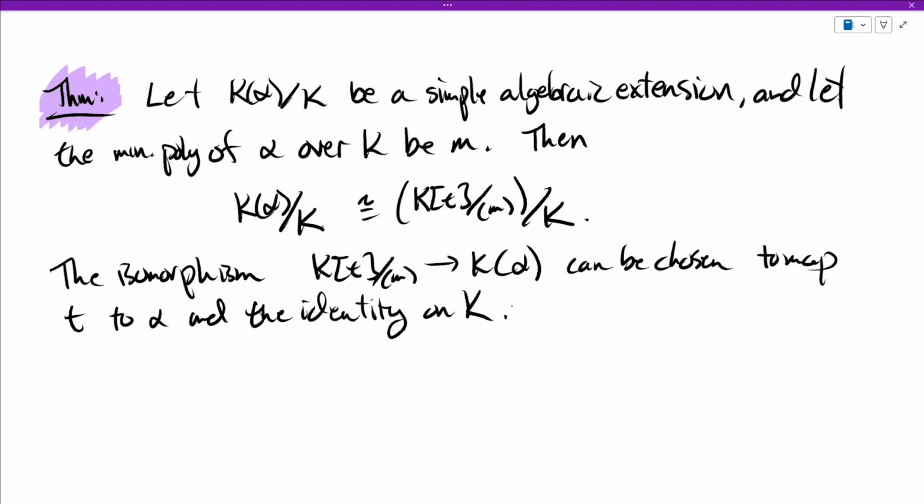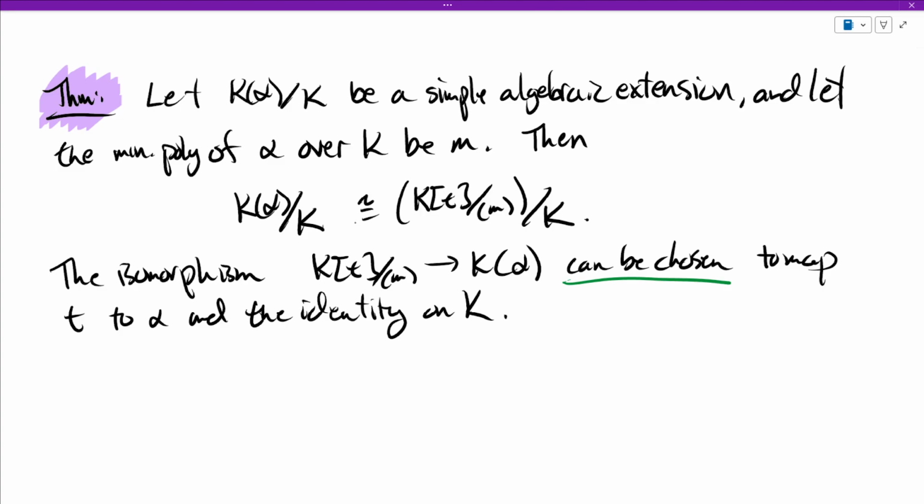And one more thing, this language showed up in the previous video, but can be chosen means there's likely more than one. In general, there's going to be a lot of them, and roughly the choices will lead to different elements of something called the Galois group.